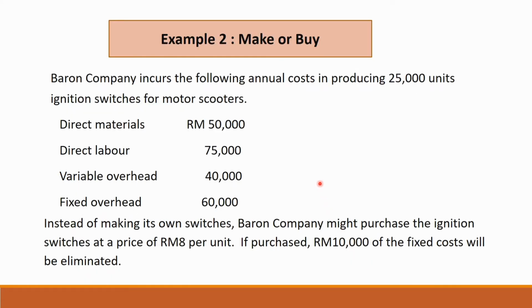Example 2. Parent company incurs the following annual costs in producing 25,000 units of ignition switch for motor scooter. So this is the list of costs. Product cost: direct material, direct labor, variable overhead, and fixed overhead.